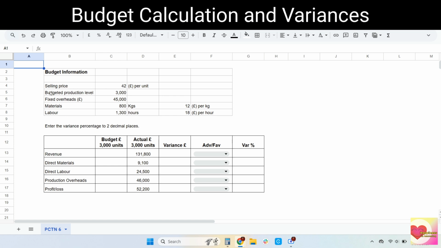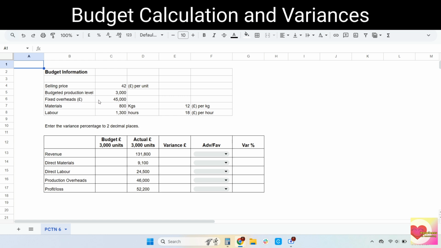First, the selling price. This is the information that we need to calculate the budget for revenue. Next, the budgeted production level is 3,000. This is the number of units, so we can see it here. Next, fixed overheads.